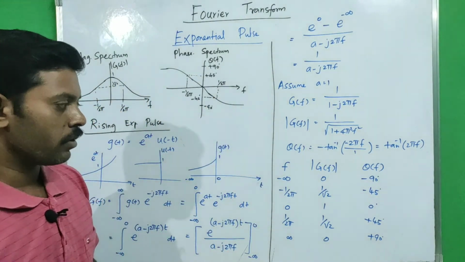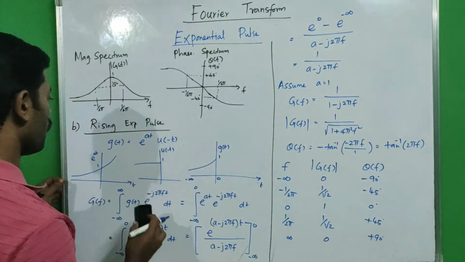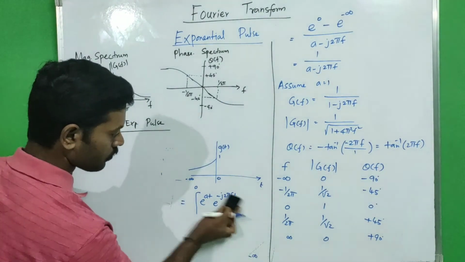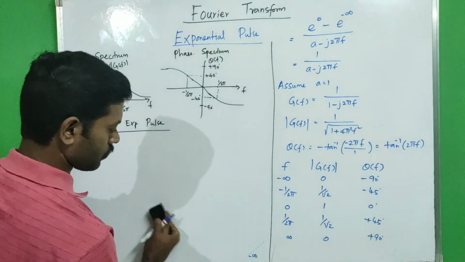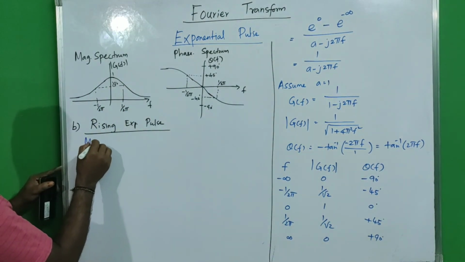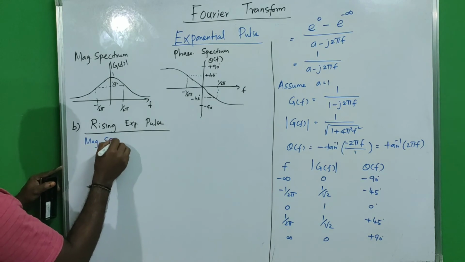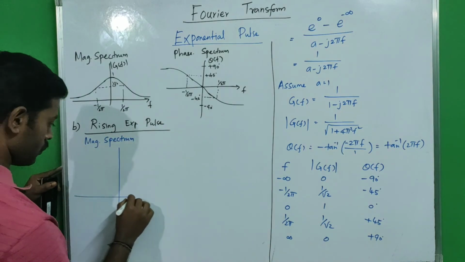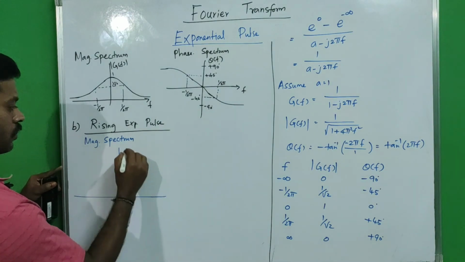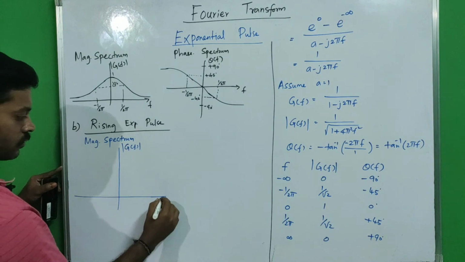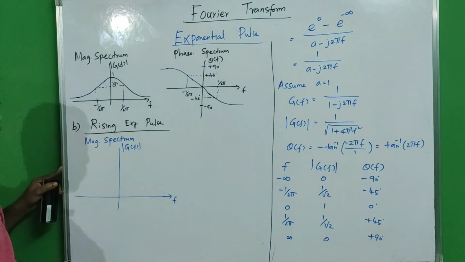So we'll draw the spectrum now, magnitude and phase spectrum. First I am going to draw the magnitude spectrum. Y-axis we have modulus of G of f, x-axis we have f.